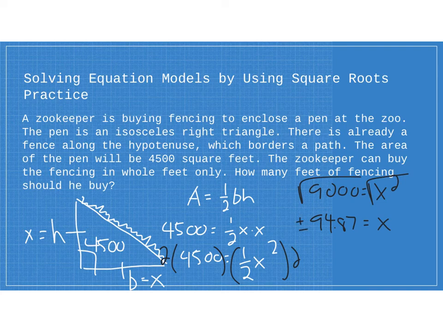And now we got to put this into context of our problem. Can we have a negative length of fence? The answer to that is no, which then means x can only equal the positive version, but then he can only buy whole feet, so then we would say that he would need to buy 95 feet.